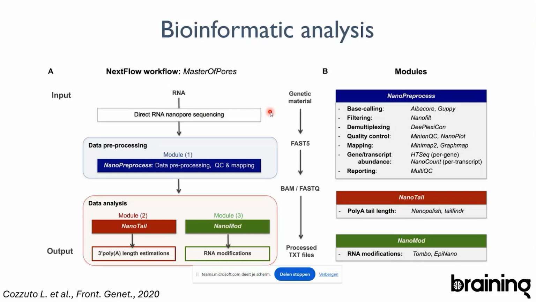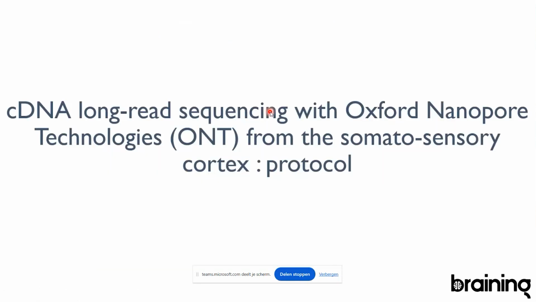And every sequencing technique has a specific output, and you will tailor your bioinformatic analysis towards that output. Okay, good. So that would be it from my side for now.